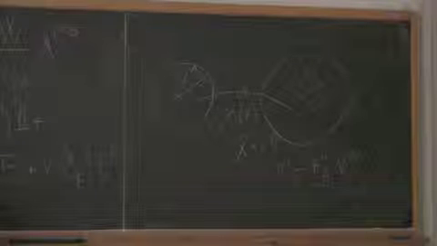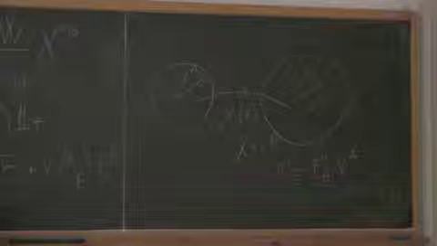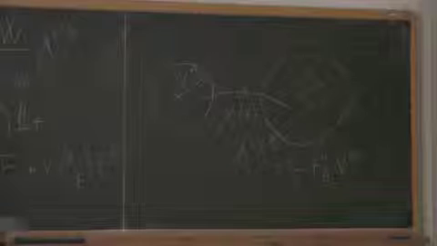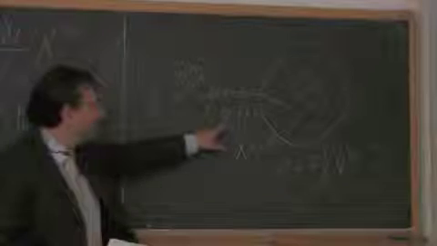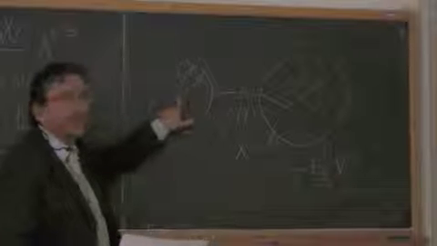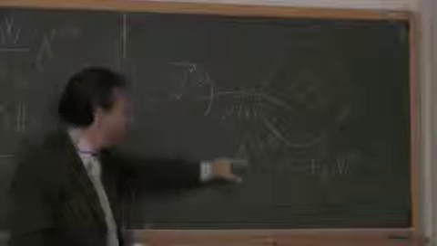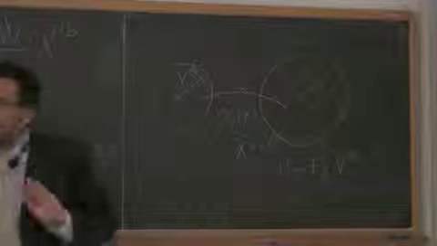So I want to underline that we are linearizing the function chi in the neighborhood of a given point when we introduce F. So what happens?